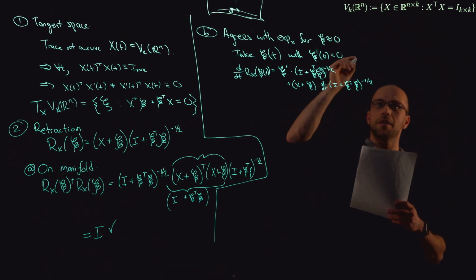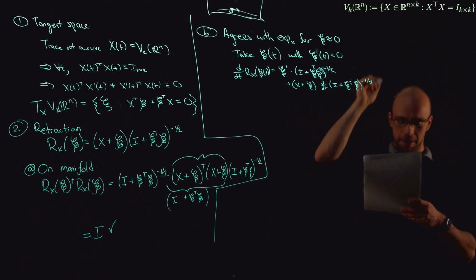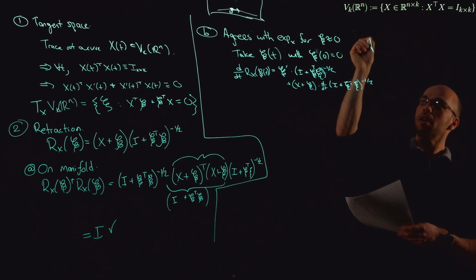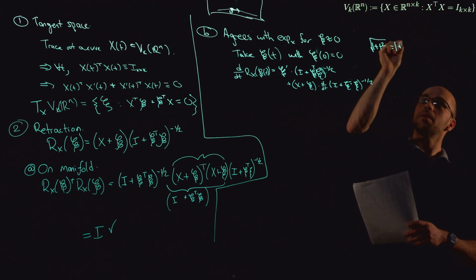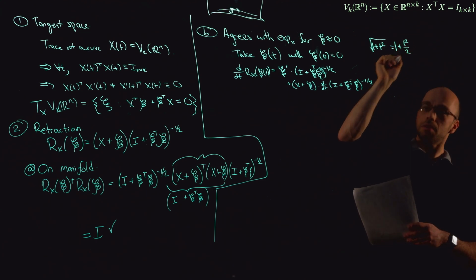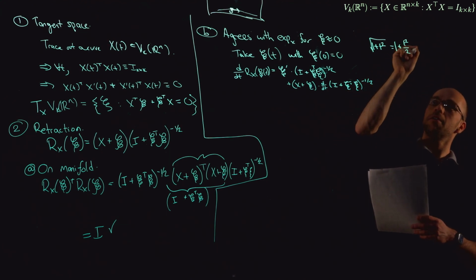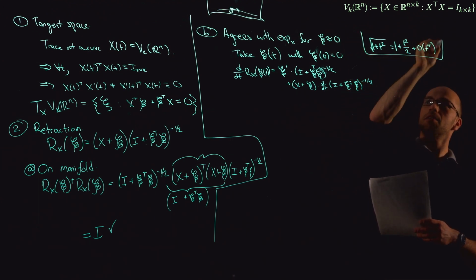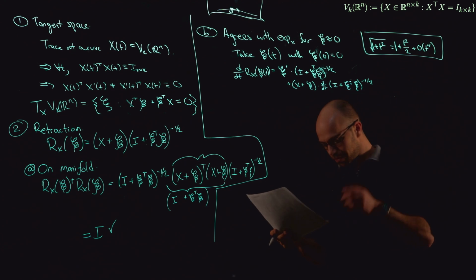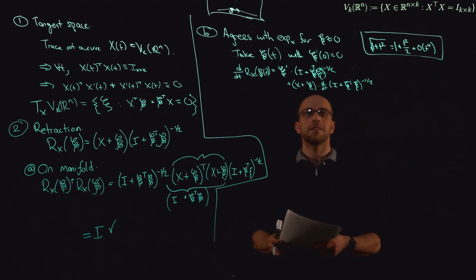Here's our useful piece of information: the square root of 1 plus t squared is equal to, if I just compute the Taylor series, 1 plus t squared over 2 plus big O of t to the 4th. This is just a Taylor series calculation that you can all do at home, I hope. Okay, so why is that useful?